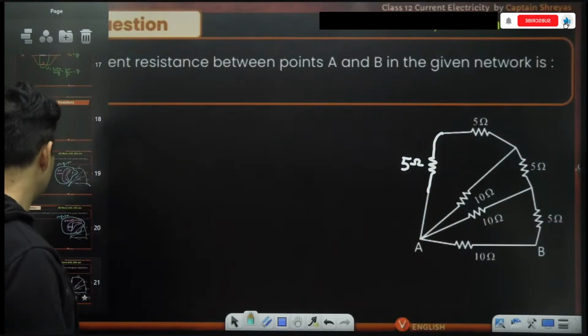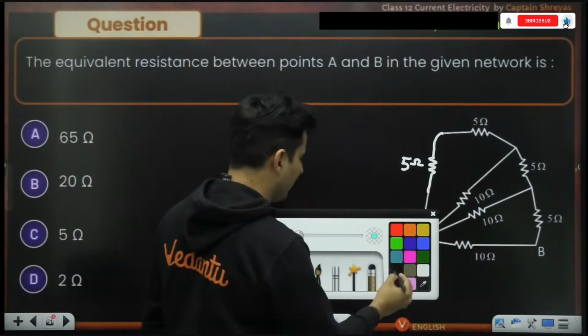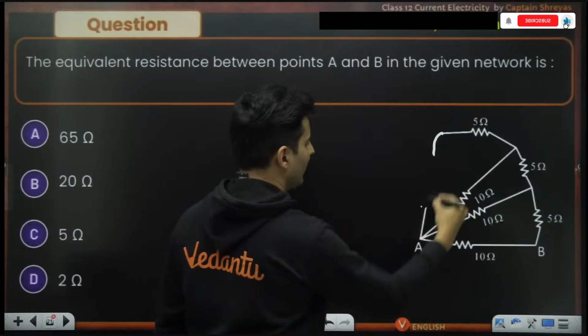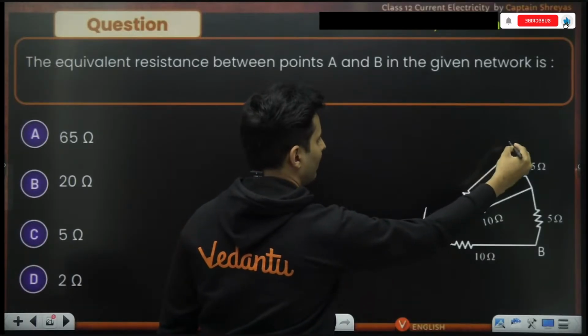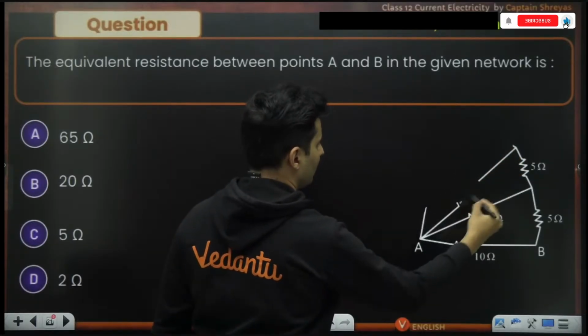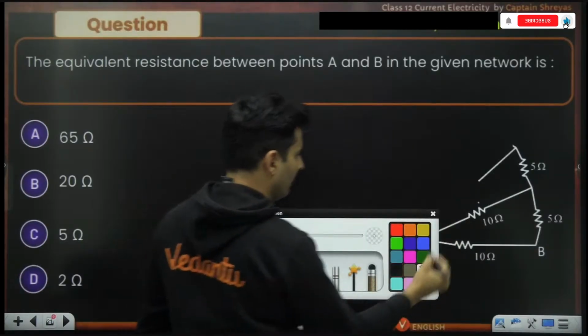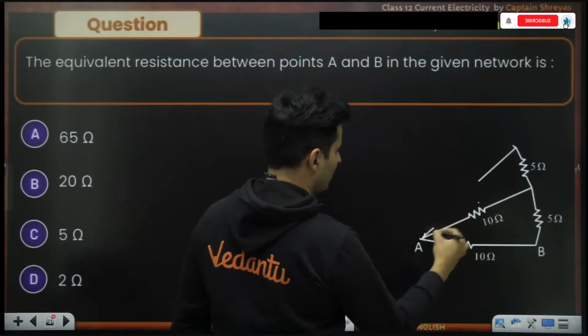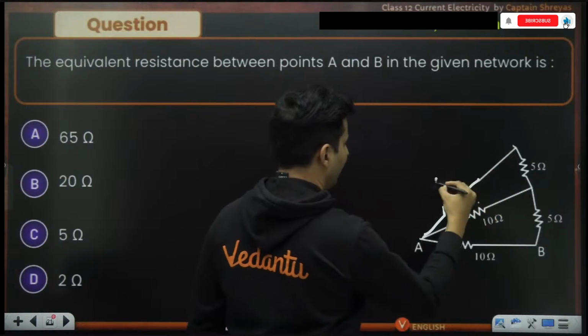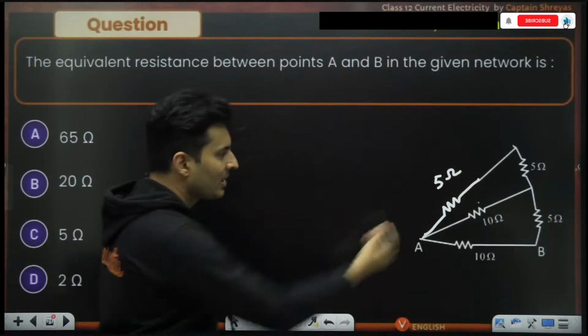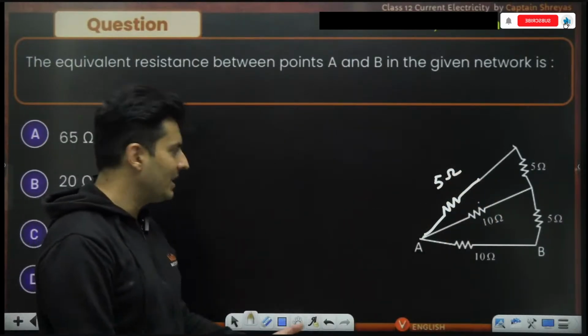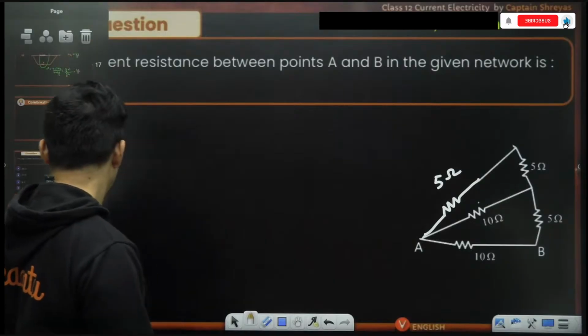So what happens is you can again get rid of this 5 along with this 10 over here. Okay, so we now have just a simple 5 ohm resistance. Same process is getting repeated, guys, again and again and again.